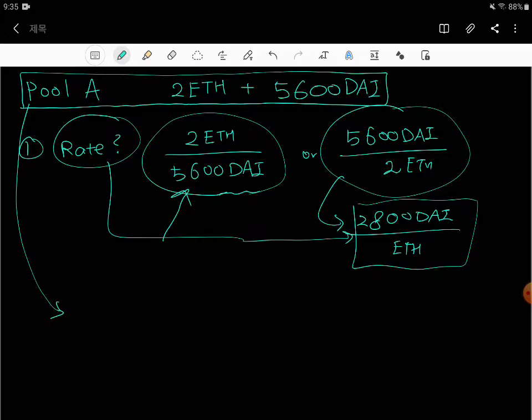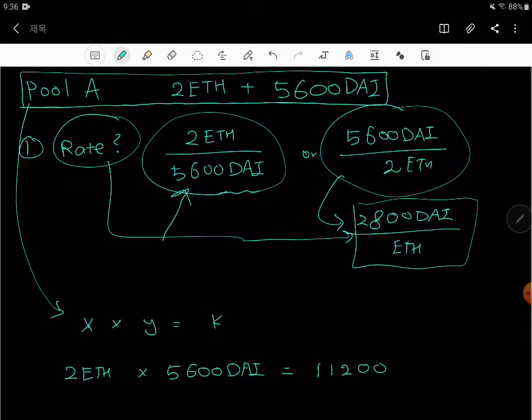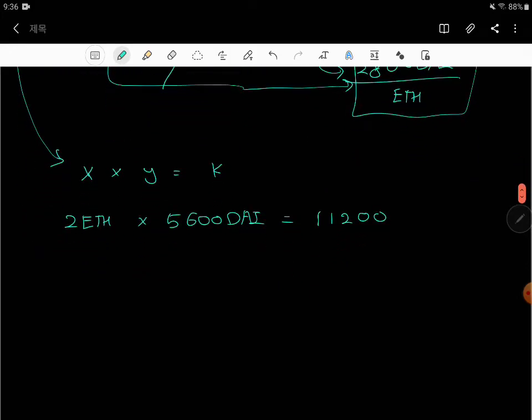Okay, so constant function here. x times y equals k. So x we have 2 ether times 5,600 DAI equals, that is 11,200, right?